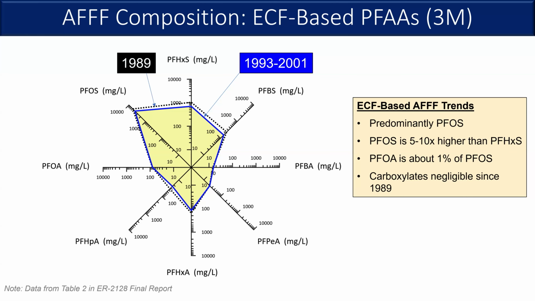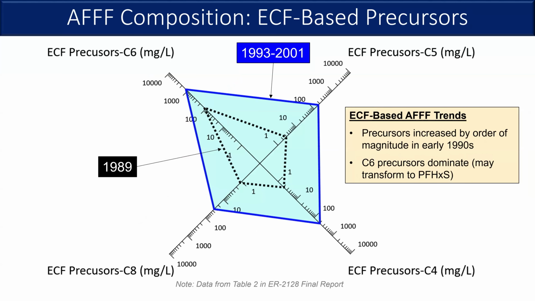And all the other compounds, all the carboxylates, are very low compared to these sulfonates. PFOA might be 1% of PFOS, for example, because it's present as an impurity. But these are really sulfonate-focused. It's a sulfonate-focused product.